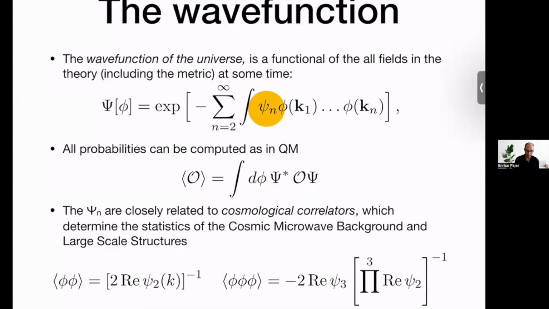In fact, the wave function is so closely related to correlators that the quadratic part, the psi2, the one with just two fields, is just the inverse of the 2-point function, and the psi3 is just the 3-point function, and so on and so forth. So in perturbation theory, there is a very simple relation between wave function coefficients and observables, which are the correlators. And for technical reasons, it will be more convenient to talk about the wave function coefficients than the correlators.